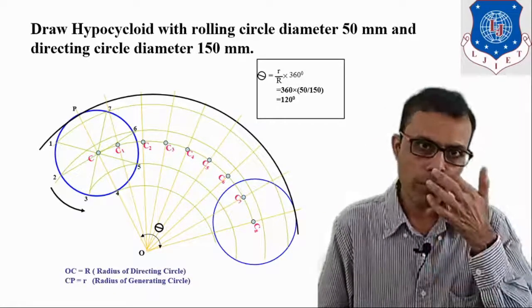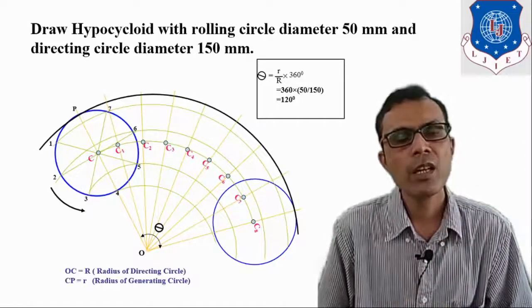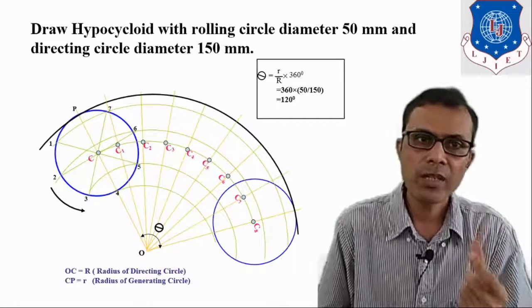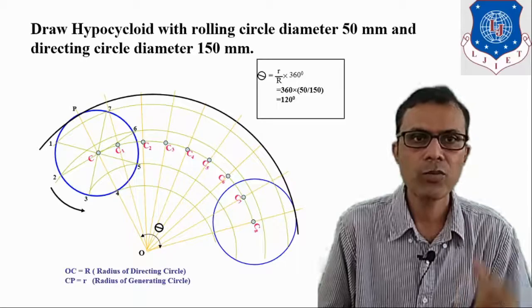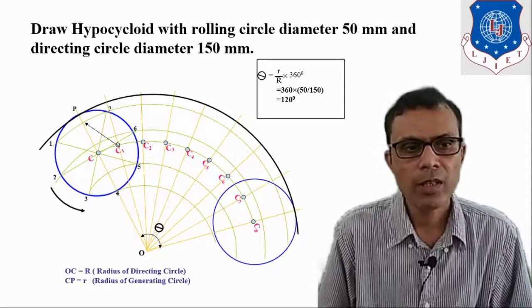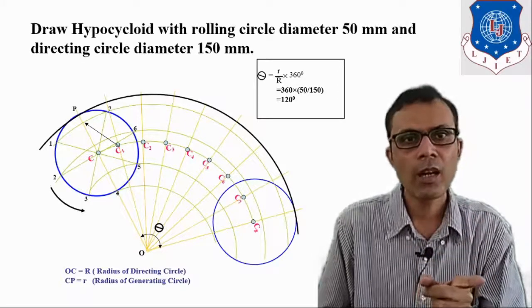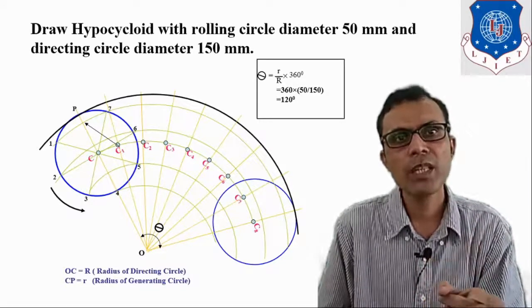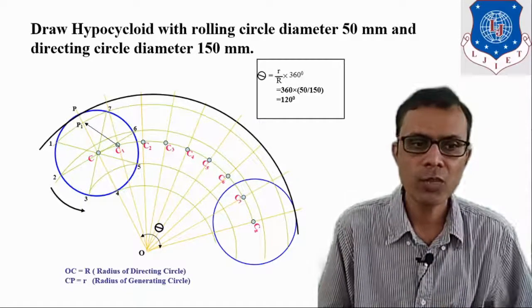So now we have to keep C1, C2, C3 up to C8 one by one as center point. Compass size will be equal to the radius of the rolling circle, that is 25. So take compass size 25, C1 center, draw an intersecting arc on the arc which is drawn from the division number 1. Next in sequence is C2 center point.